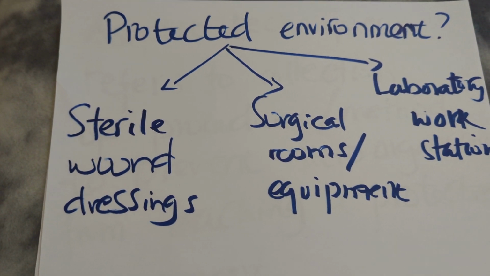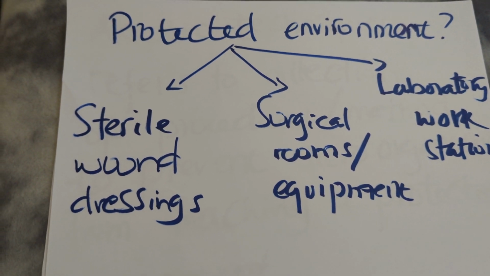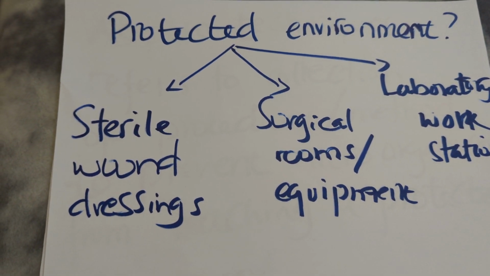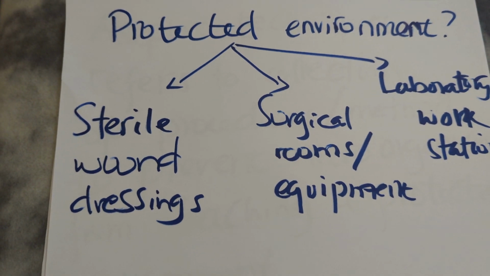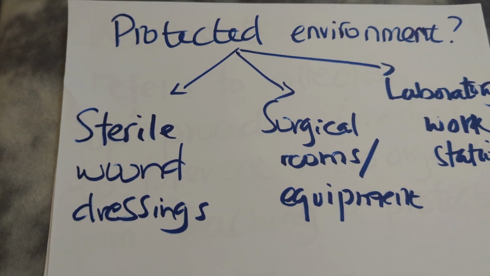And then, of course, I have another example: a sterile wound dressing, which is another protected environment. Even your sterile gloves are a protected environment. My own laboratory workstation is also another example.